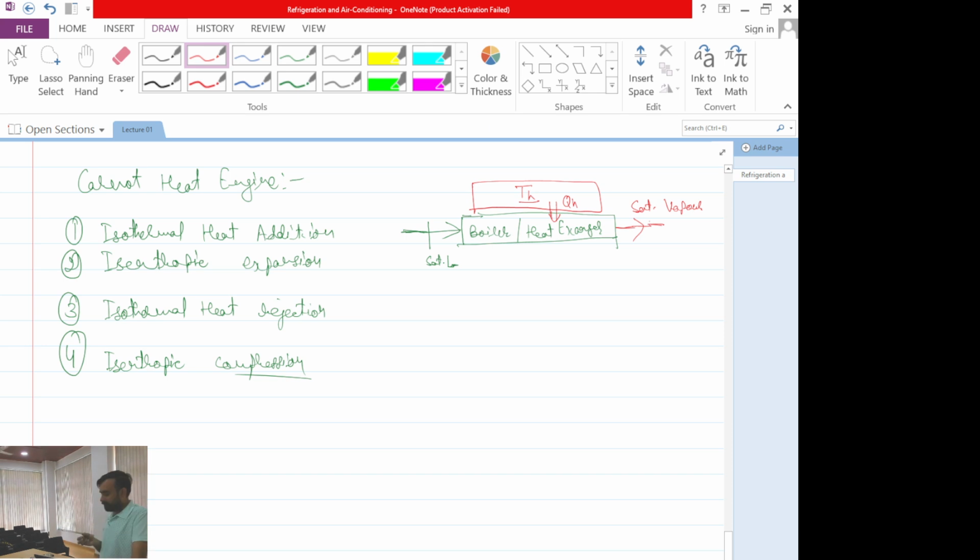Once we have saturated vapor, then I will pass this saturated vapor through a turbine. Now in this turbine, what will happen? Isentropic expansion will take place and the shaft of the turbine will rotate to produce WT amount of work. Okay, WT amount of work will be done by the turbine.